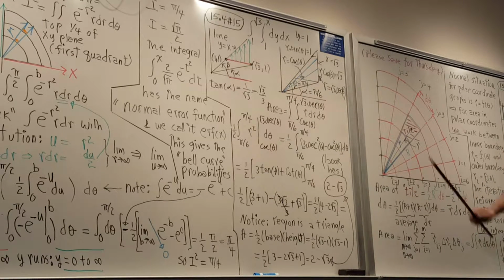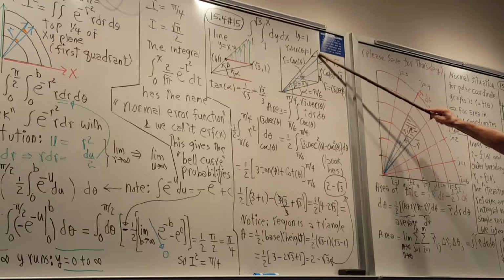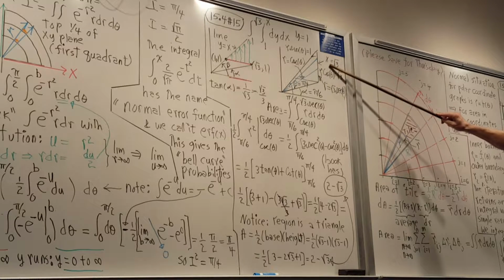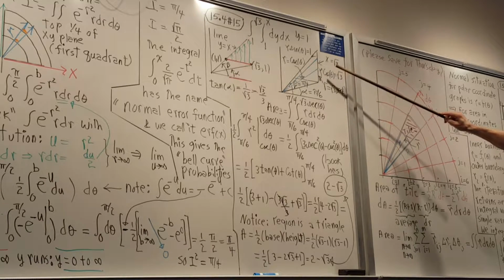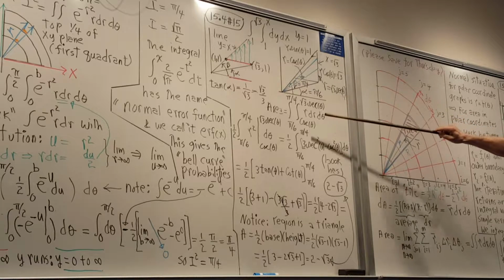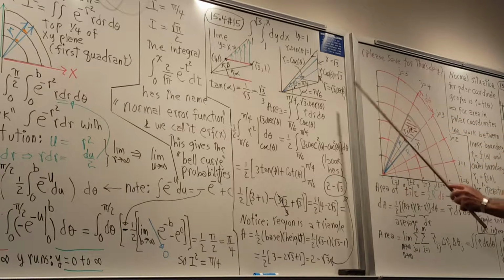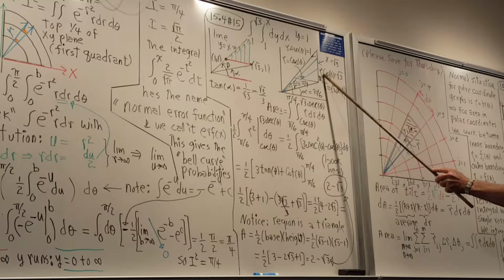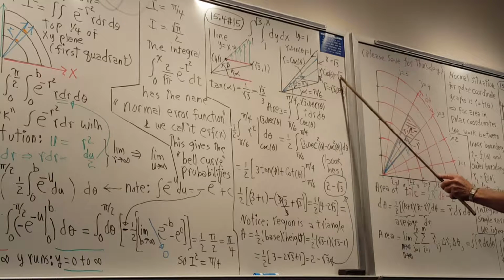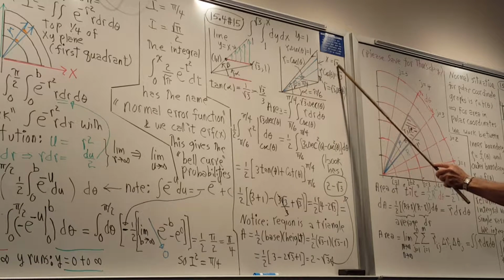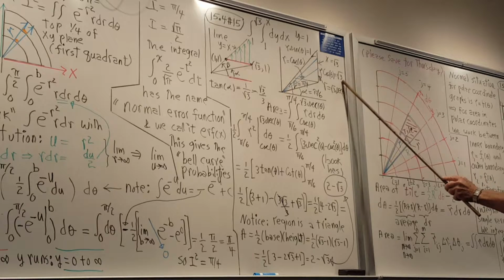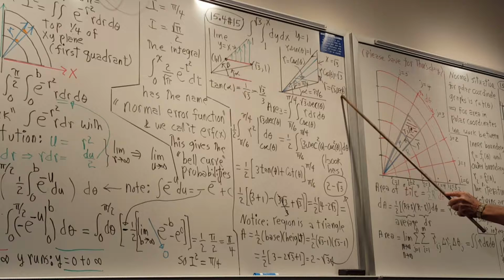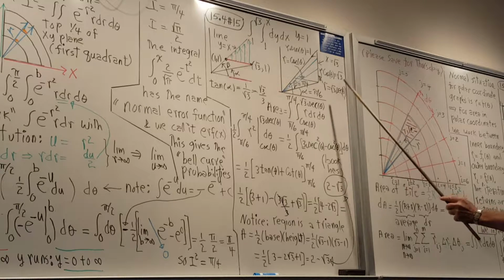And then the other end is the vertical line at x equals root 3. So if x equals root 3, x is r cosine theta, so r is root 3 over cosine, which is root 3 secant.